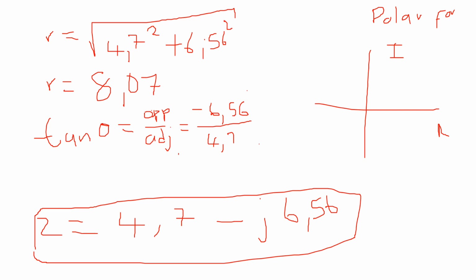After you have identified your real part and imaginary part, what I advise you to do is to check which quadrant your resultant is in. For example, our real part is a positive number, 4.7, and the imaginary part is negative 6.56.